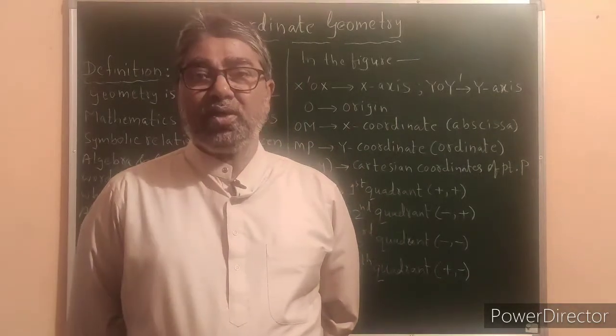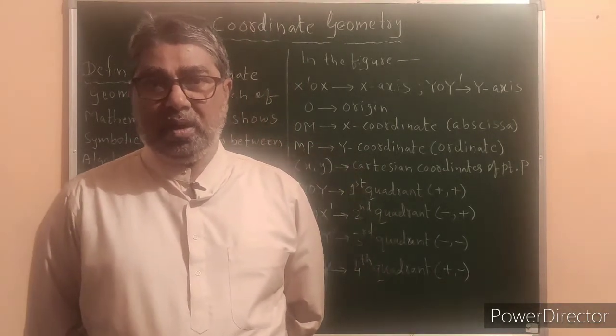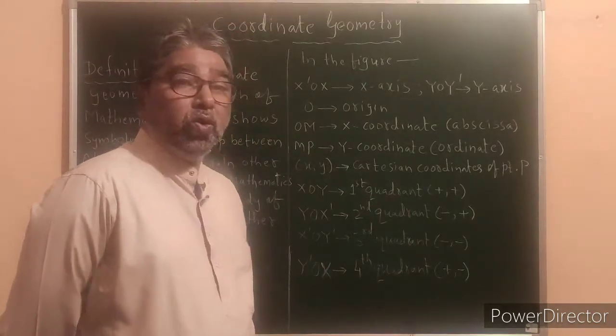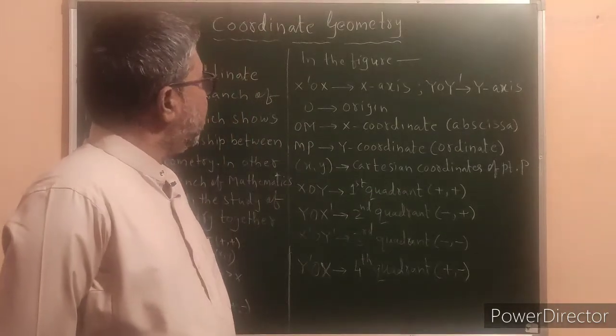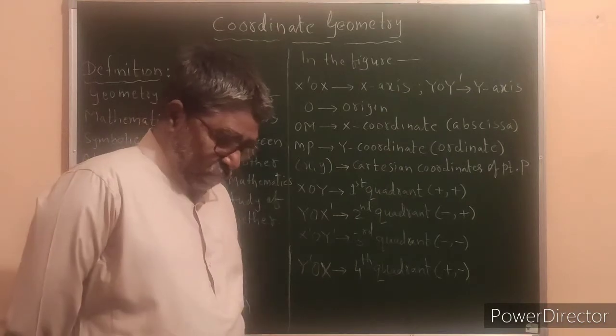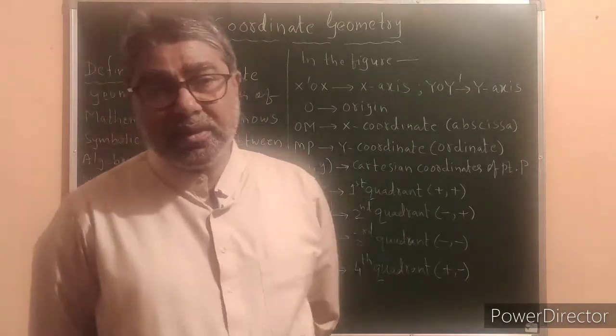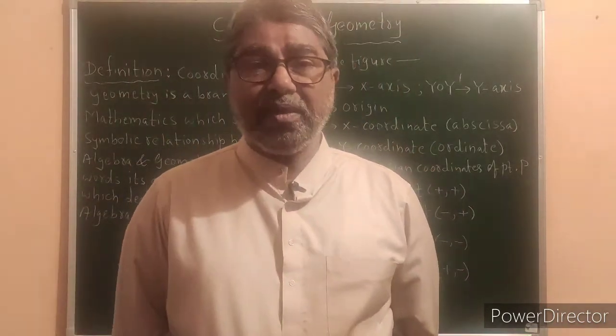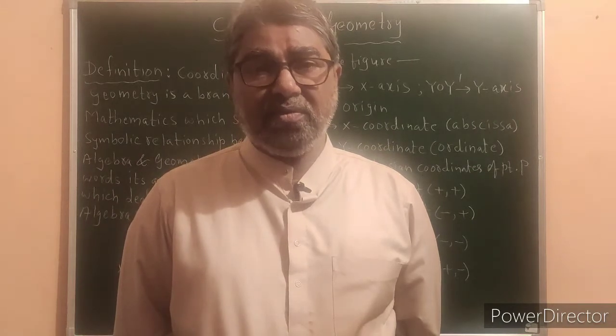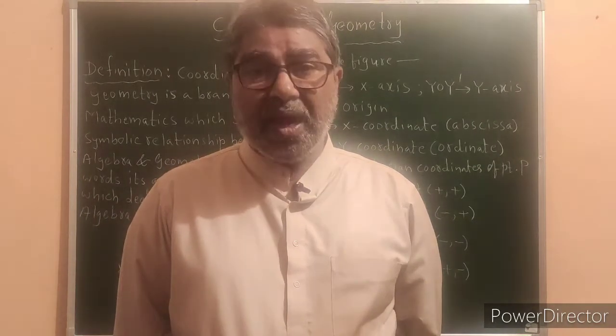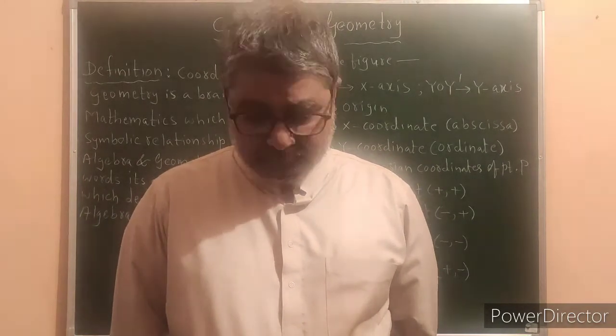So from today's video, let us start with a new topic, that is coordinate geometry. Coordinate geometry is a branch of mathematics in which we study algebra and geometry together.